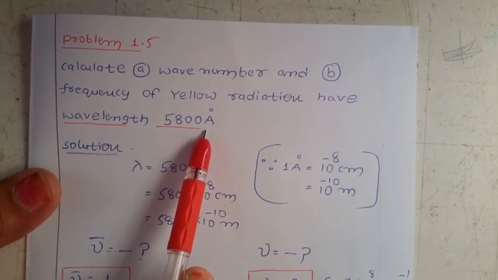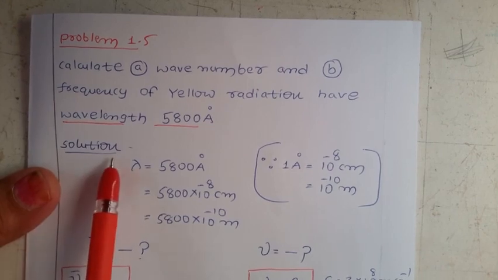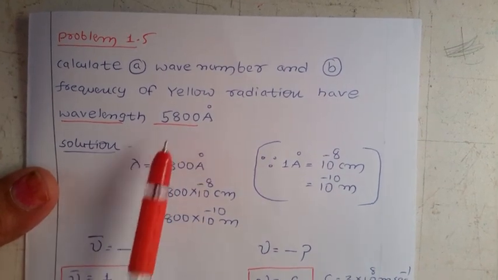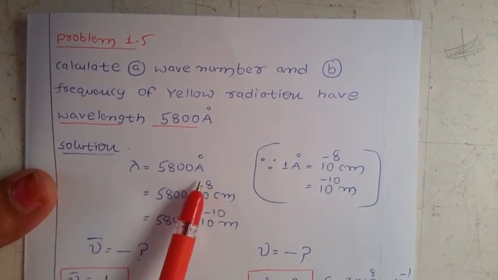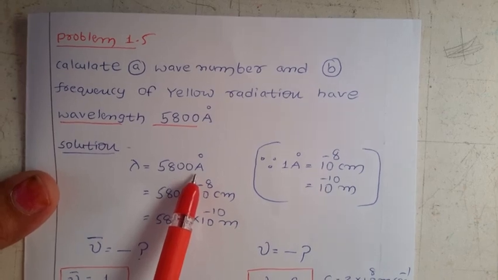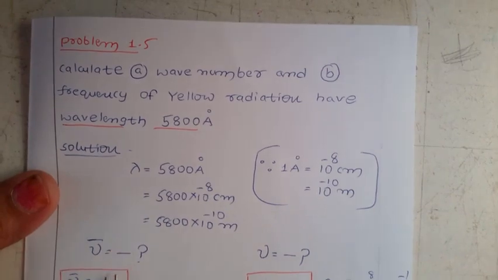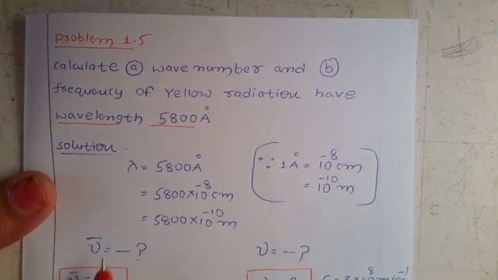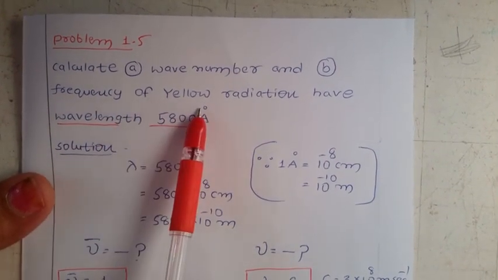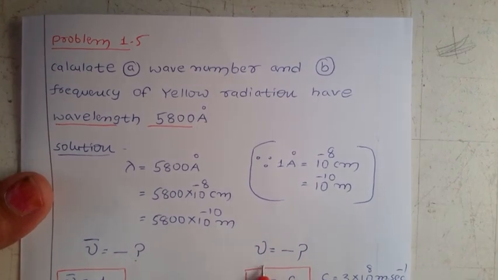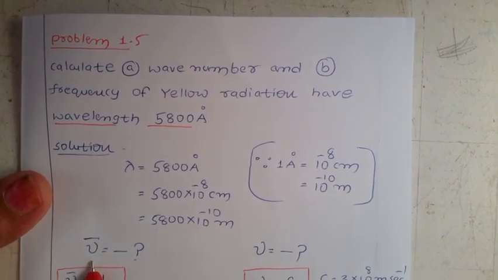Simply the lambda. If we come to the solution, lambda given is 5800 angstroms. They are asking to calculate the wave number, which means mu bar, and the frequency, which is mu. We have to calculate mu bar and mu.